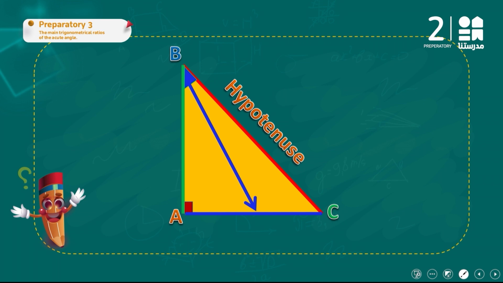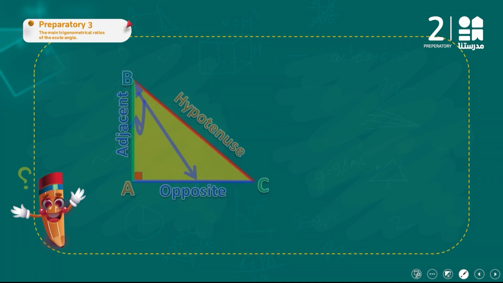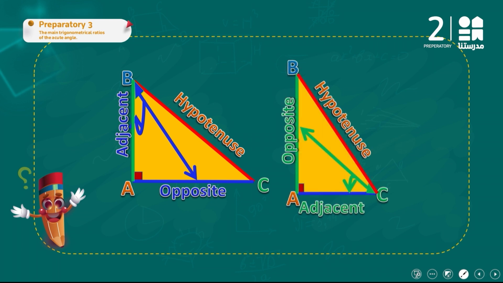AC will be the opposite to the angle B. And AB is the adjacent to the angle B. So from one angle to the other, the opposite and the adjacent will differ, and the hypotenuse is constant. For the angle B, the adjacent is AB, and the opposite is AC, and the hypotenuse is BC. For the angle C, the opposite is AB, the adjacent is AC, and still the hypotenuse will be BC.